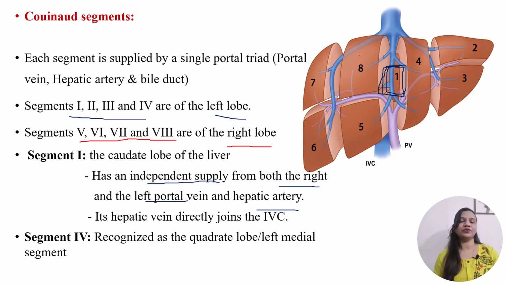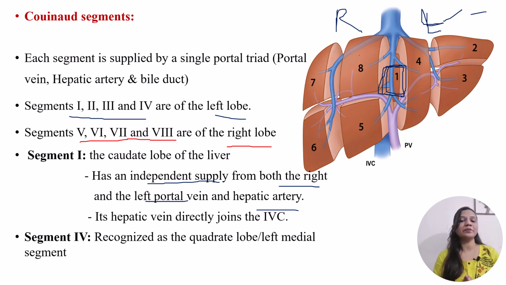In the previous slide we have seen that the right lobe and the left lobe of the liver get their supply from the right and left branches respectively: the right lobe from the right hepatic artery, right portal vein and right hepatic duct, and the left lobe from the left hepatic artery, left portal vein and left hepatic duct.